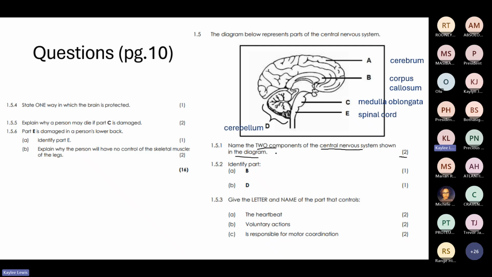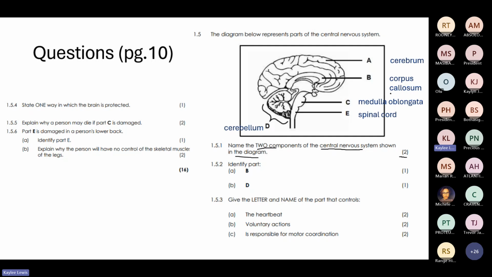Then 1.5.2, identify part B. Now, because I already labeled it before I interpreted the questions, it helps me to answer those questions. So they want you to identify part B. Part B is sitting over there in your cerebrum, and it's connecting your left and your right hemispheres.